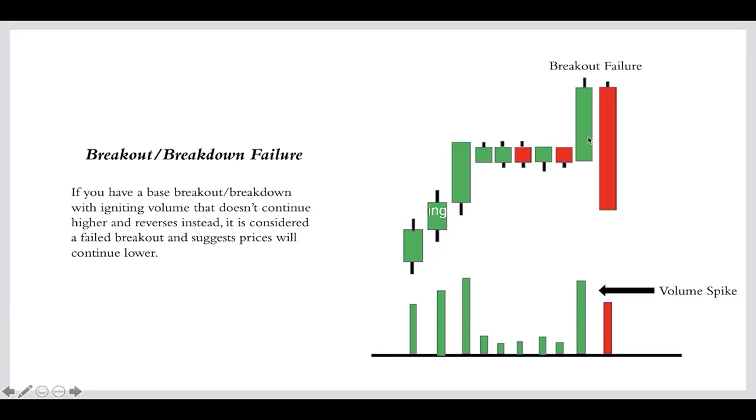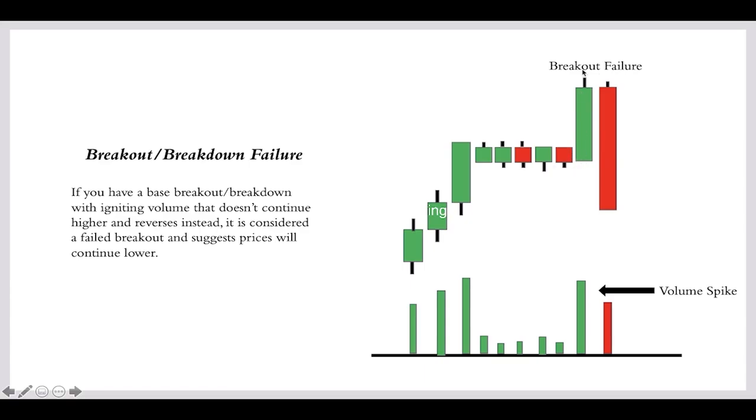But let's say this igniting volume doesn't lead to a continuation move higher, and in fact, you end up failing and getting a red bar that's going lower with a huge volume spike. It basically confirms that this is a failed breakout. If you get a rally and then a sudden drop, right?